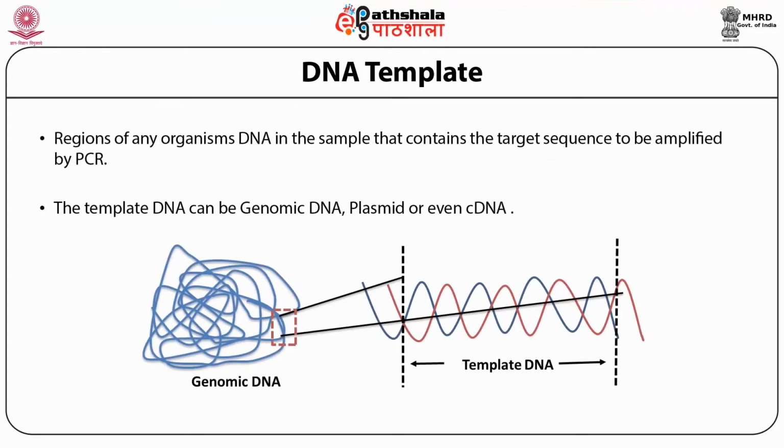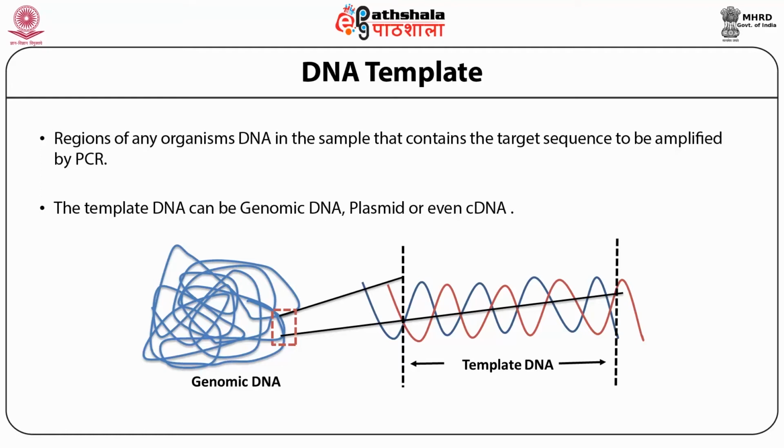DNA template is the sample DNA that contains the target sequence to be amplified in the PCR reaction. It can be genomic DNA, it can be plasmid, or even it could be cDNA.